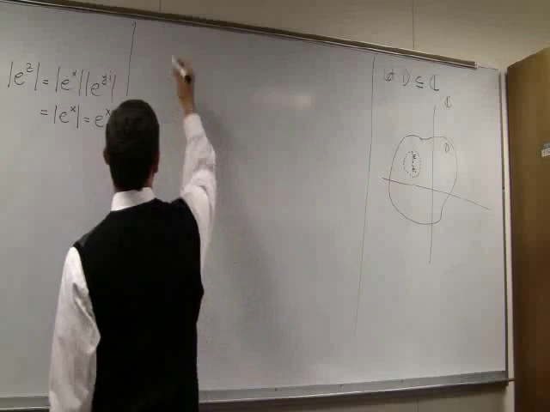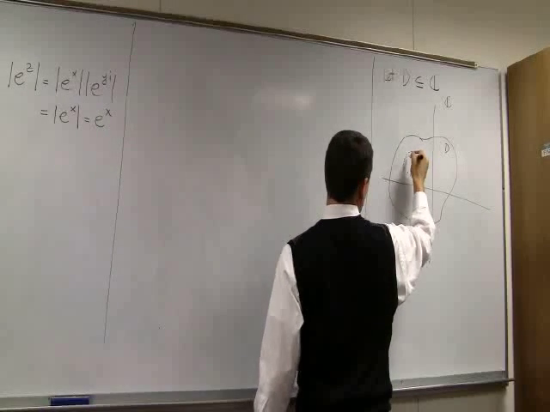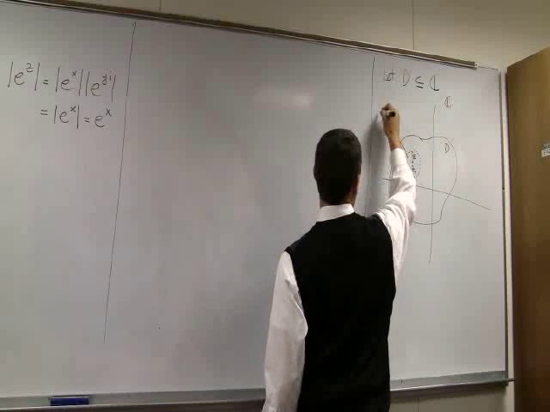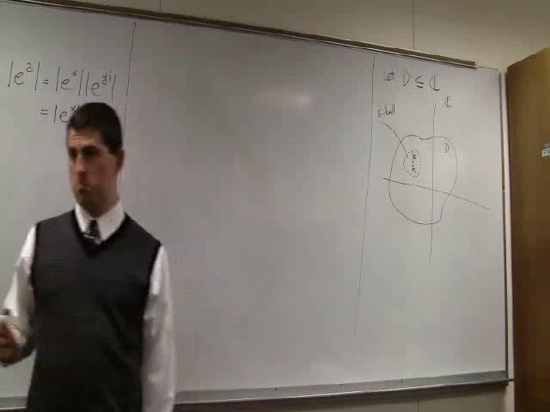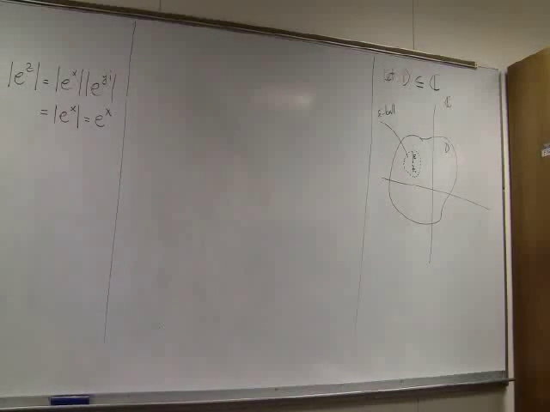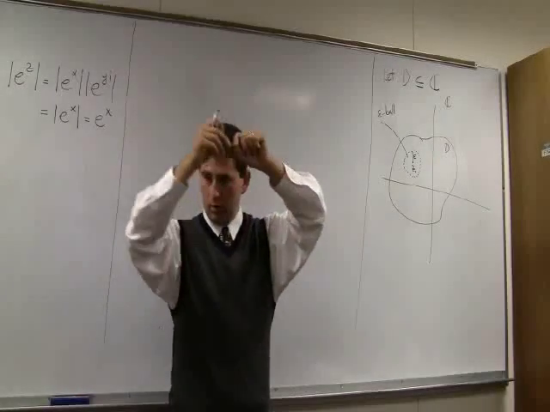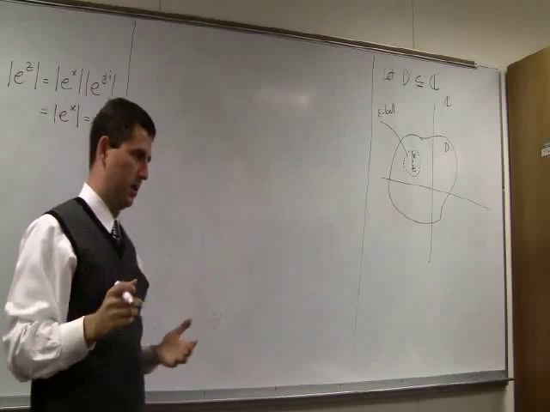I'm going to call this little ball here, that includes the point, an epsilon ball. So when I say epsilon ball, this is what you should have in your head. It's just a circle, and really a disk, around your point Z0 that has radius epsilon.